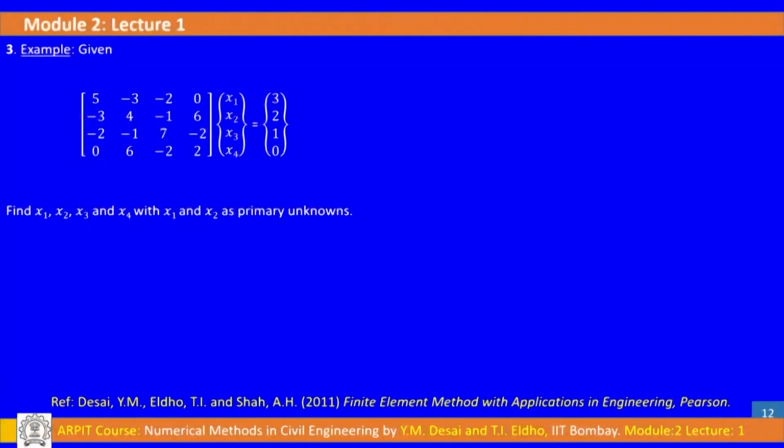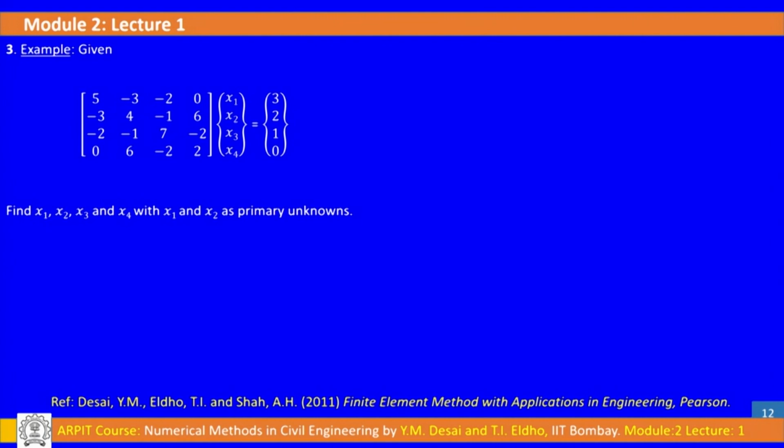Let us look at one typical example which would illustrate how we can use this technique. So, we have taken a 4 by 4 matrix set with x1, x2, x3, x4. These are totally 4 unknowns, out of which x1 and x2 we would like to treat as primary unknowns. Now, this example we have taken from our book on finite element method with applications in engineering, published by Pearson Publishers.